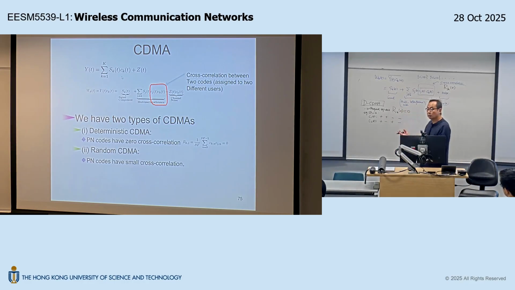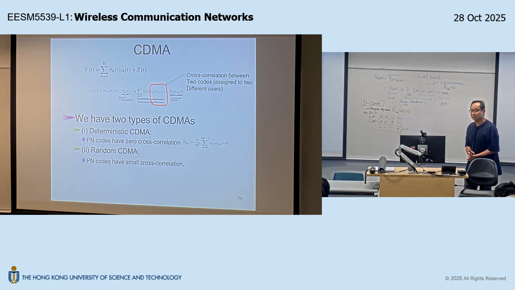Now, if you compute this cross correlation, on every chip you multiply these two together. That gives you plus, right? You multiply these two together, give you minus. Multiply these two together, give you minus. Multiply these two together, give you plus. And then you take the average here. The average gives you 0. Is that okay? So this is one example of a so-called orthogonal sequence.